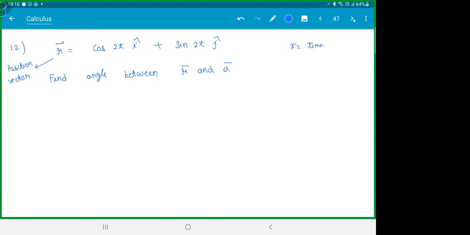Find acceleration vector and then find the angle between acceleration and r bar. Get it? So first find velocity, then again differentiate, get acceleration. Someone asked you to find the angle. Indirectly, he's telling you to use dot product.